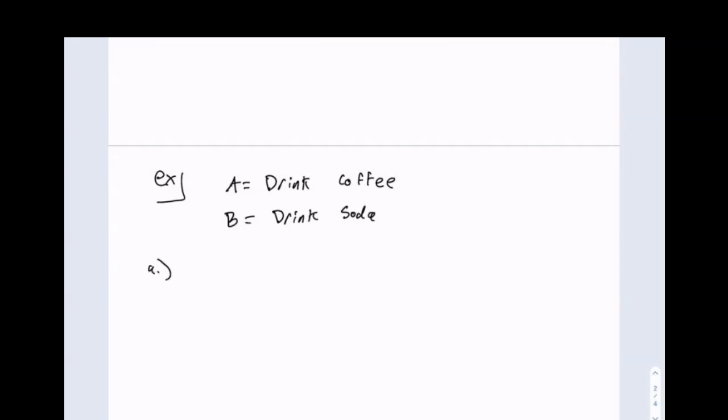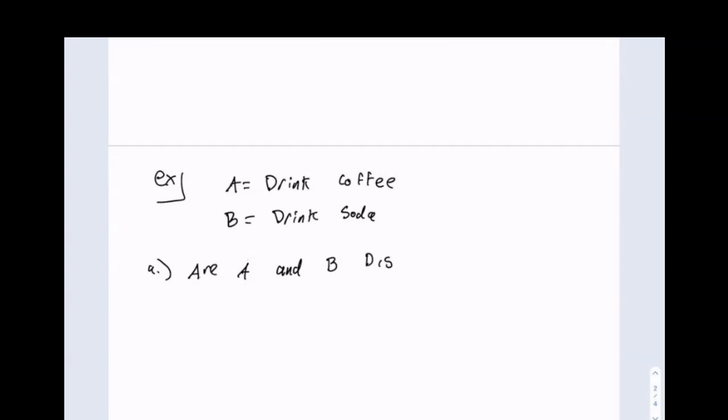Question A, and yes, I did not even give you the Venn diagram yet. This is more of a review. All right, so you're going to go, well, I don't remember. No, this is a review. Are A and B disjoint?